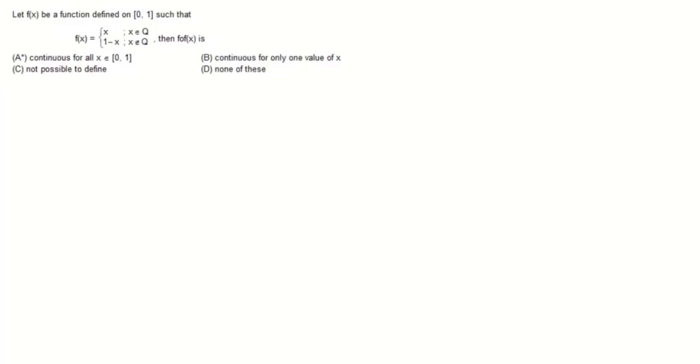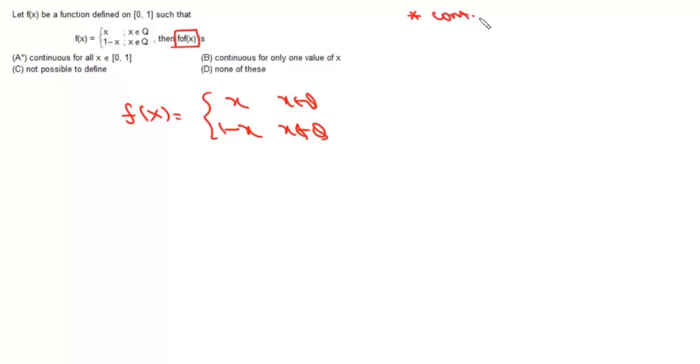Now here the question is, we are given this function f(x) which is x when x is rational and it is 1 minus x when x is irrational. Now it says find the continuity of f of f(x). Now though it is not asked in this question, we'll discuss continuity of f(x).